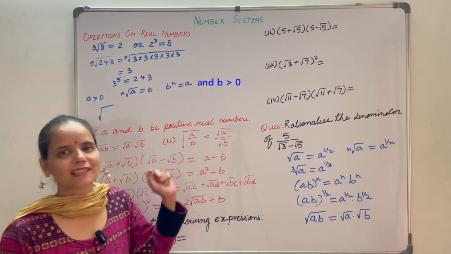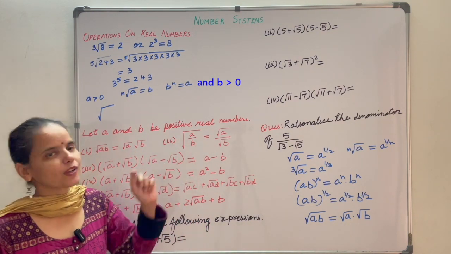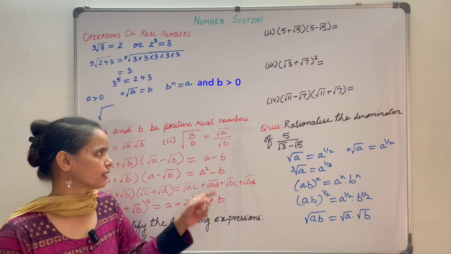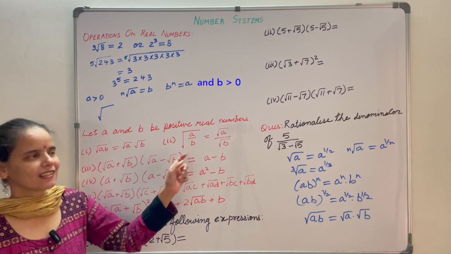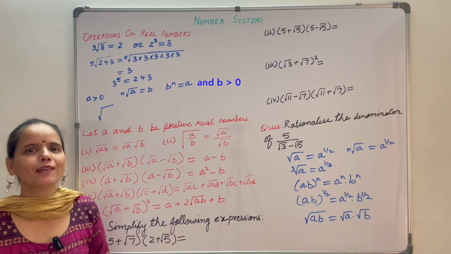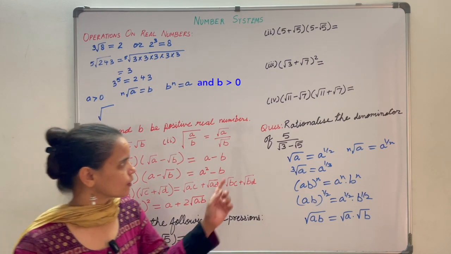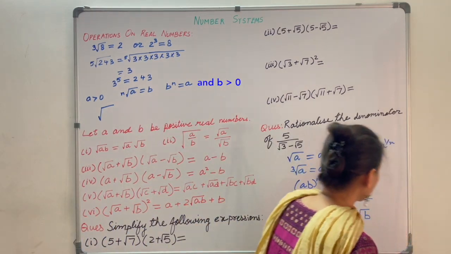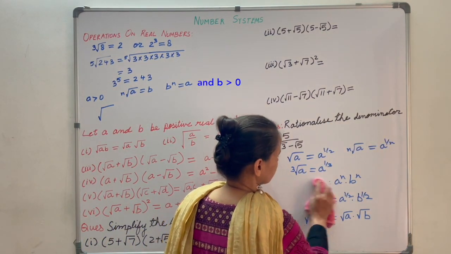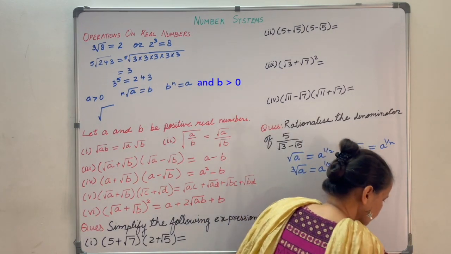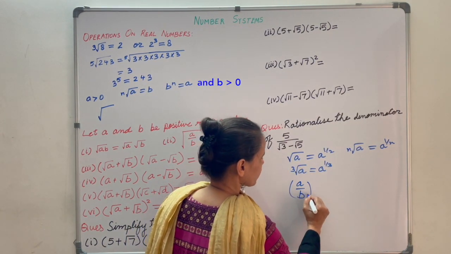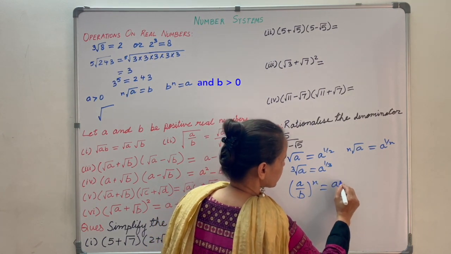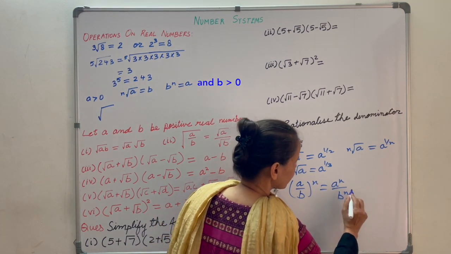Now let us take the second identity. Here also we are going to use some law of exponent. So let us see what it is first. So square root of A by B is equal to square root of A upon square root of B. So let us see using which law of exponent we have got this. So you know that A by B whole raised power n is equal to a raised power n upon b raised power n.